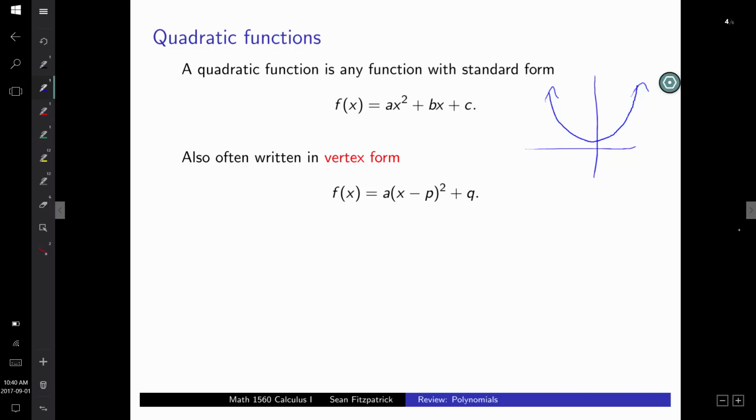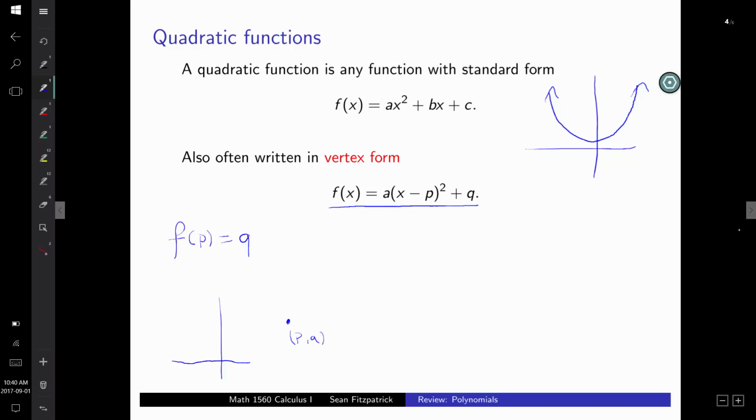One of the ways that you often see a quadratic function presented is in this so-called vertex form here. The reason this is nice is you can see that if you plug in x equals p, f of p equals q, which gives you one point on your graph, the point (p, q).